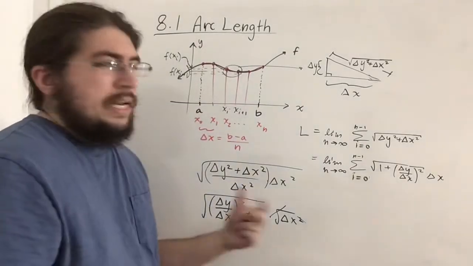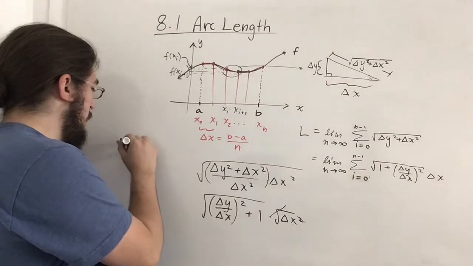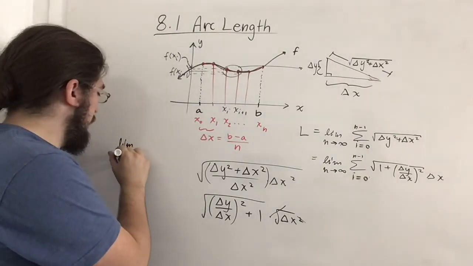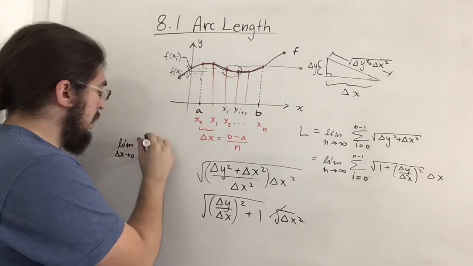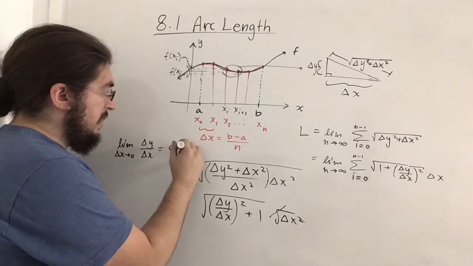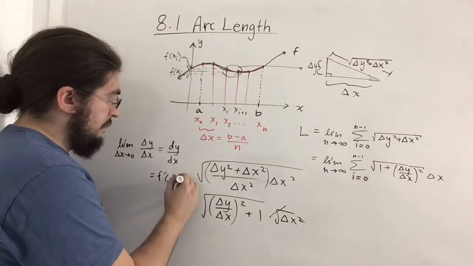Now there are a few technicalities of what I'm about to say, but let me say the following. Recall that the limit as delta x goes to 0 of delta y over delta x is just the derivative dy over dx, namely, it's f prime of x.